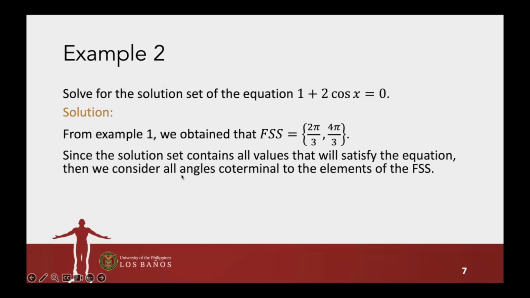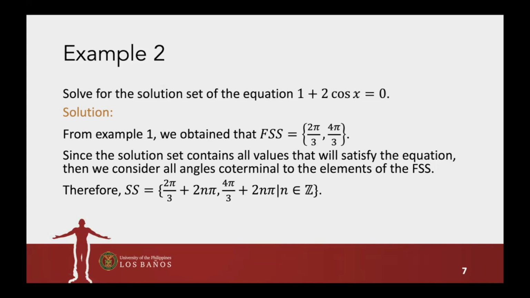So our solution set now will be the set containing 2 pi over 3 plus 2n pi and 4 pi over 3 plus 2n pi, where n is an integer. Take note, we are adding 2n pi because we are getting all other coterminal angles for 2 pi over 3 and 4 pi over 3.